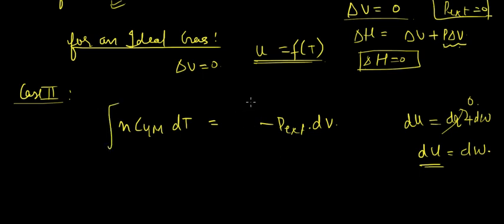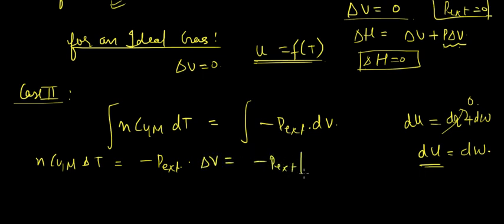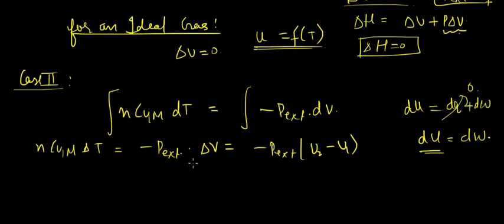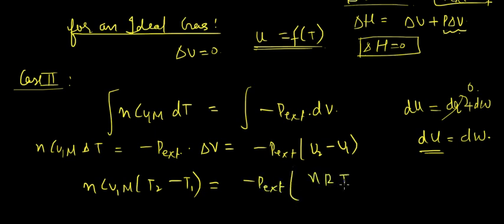When we integrate it, n C_V,m delta T would be equal to minus P external times delta V, which is minus P external times (V2 minus V1). So n C_V,m (T2 minus T1) is equal to minus P external times (V2 minus V1), and V2 minus V1 would be simply nRT2 upon P2 minus nRT1 upon P1.